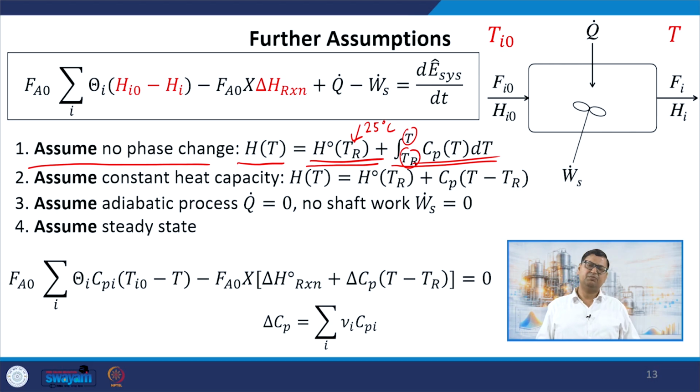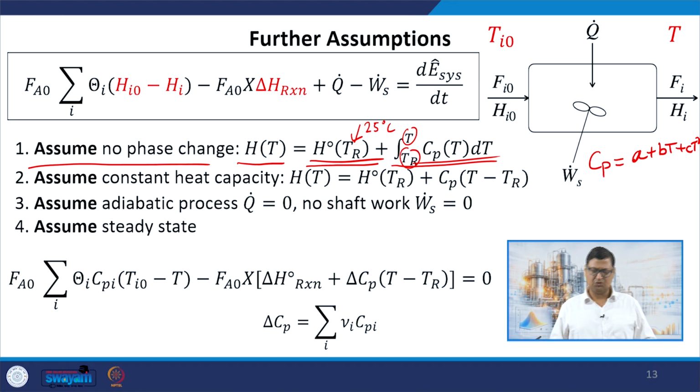Now Cp in principle can be a function of temperature, and in general it is a function of temperature. You may have seen relations like this: Cp is equal to A plus BT plus CT square, but that dependence many a times is weak.